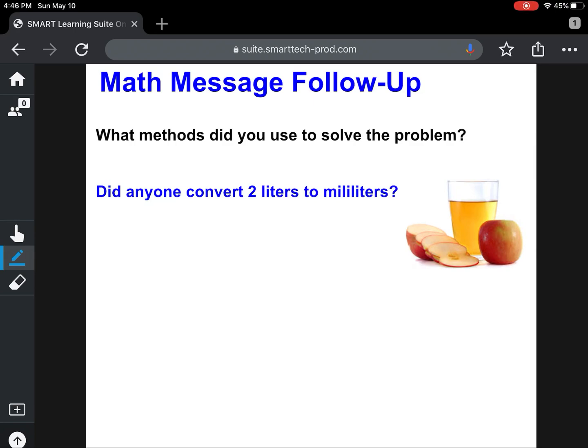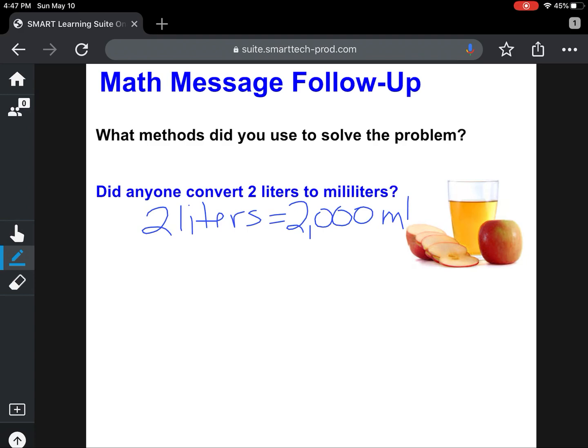So hopefully you converted 2 liters to milliliters. Remember, if 1 liter was 1,000 milliliters, that means 2 liters equals how many milliliters? I hope you said 2,000 milliliters, or ml.